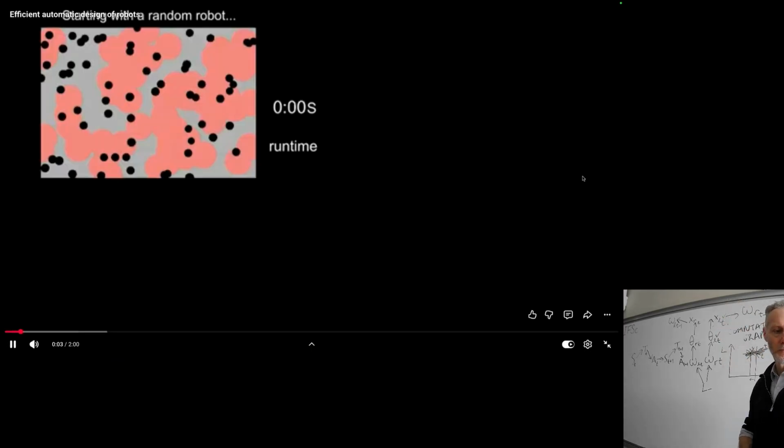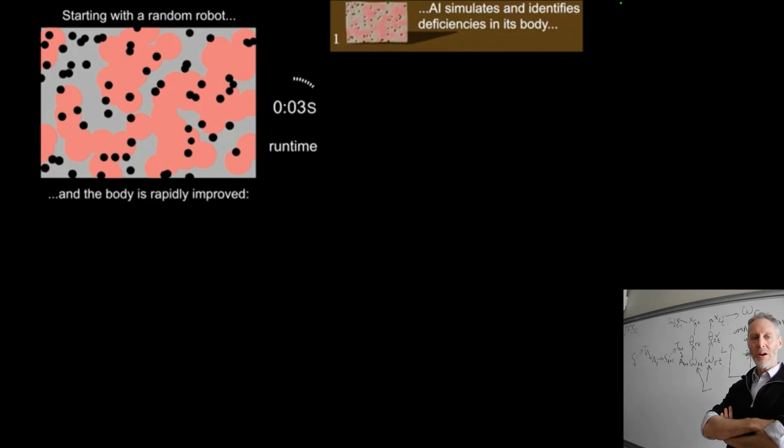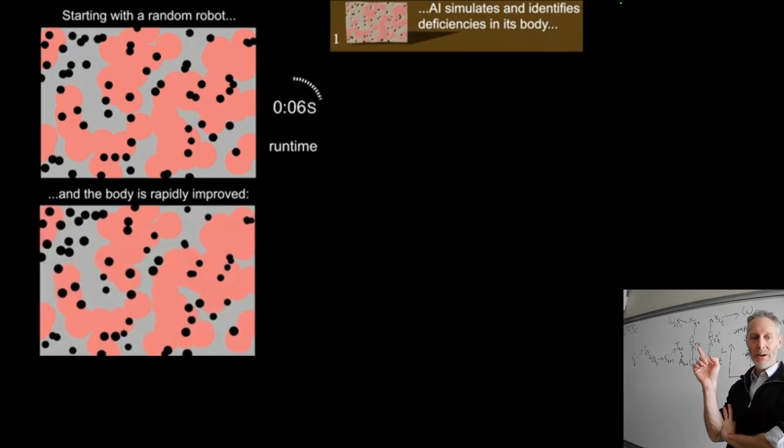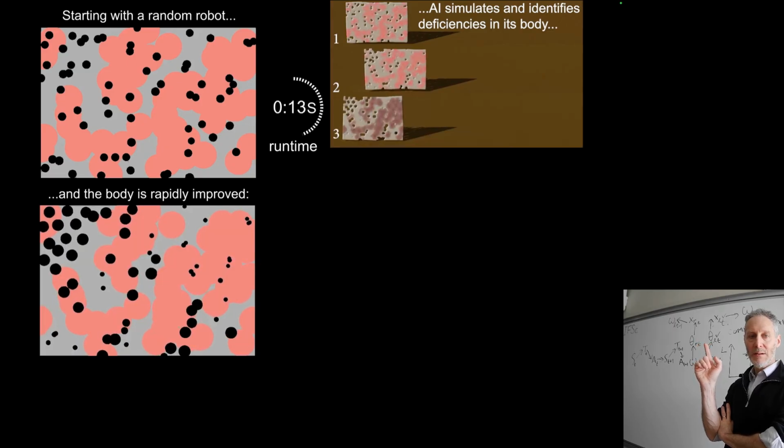Here we go. All right, there's our original random robot. Here's after the first forward pass. 3 seconds elapsed so far. You're going to do one backward pass. There goes the backward pass. Second forward pass. 10 seconds have elapsed. Second backward pass. Third forward pass.